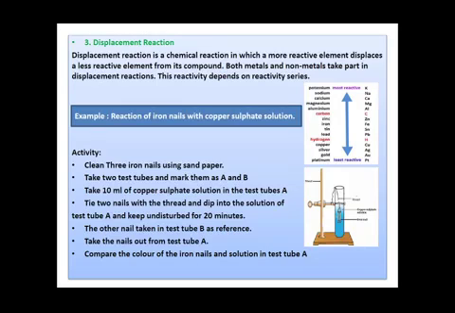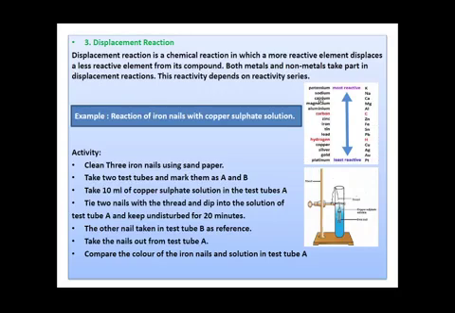Now the third type of reaction is displacement reaction. Students, in chapter 3, metals and non-metals, we will study about the reactivity series in detail, which is shown here in this figure.